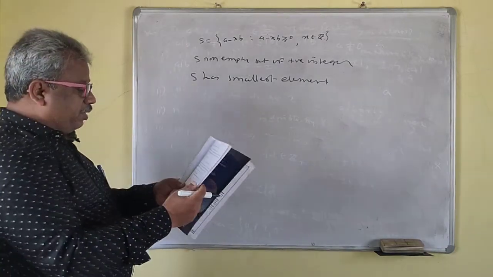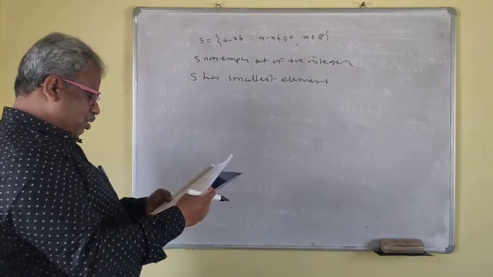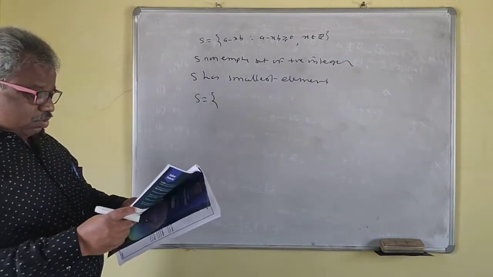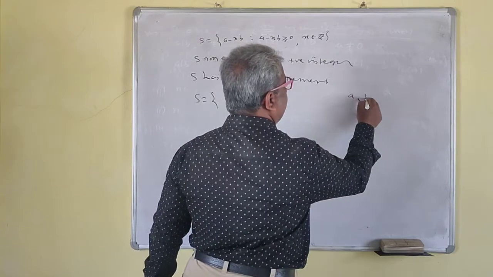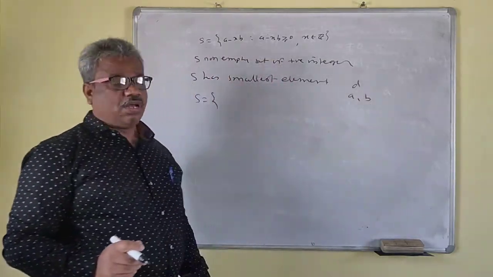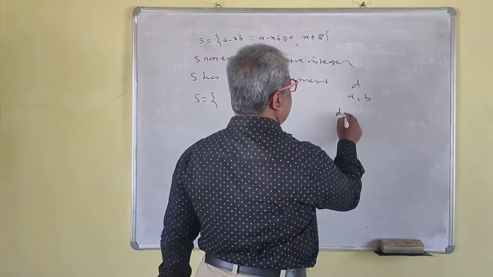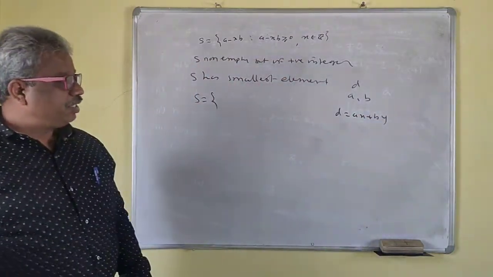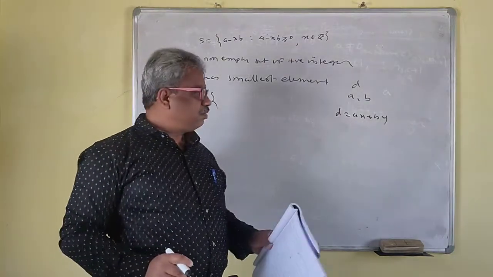One more thing, in the proof of the common divisor: suppose D is the GCD of A and B, then the GCD can be expressed as a linear combination of A and B. There exist X and Y such that D is equal to AX plus BY.